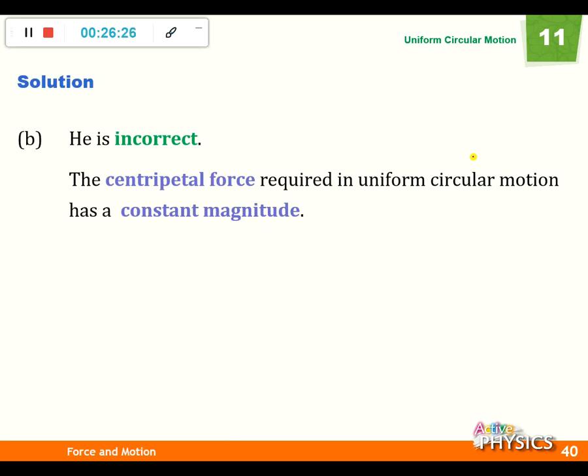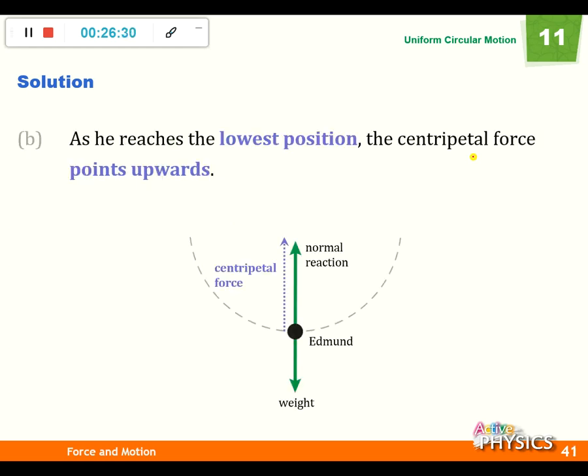The centripetal force required in uniform circular motion has a constant magnitude. But in this case, the normal reaction should be greater than the weight. Why? Because it should be large enough to pull the cabinet upward. Otherwise it would move forward. Then you can feel that the normal reaction is greater than the weight.